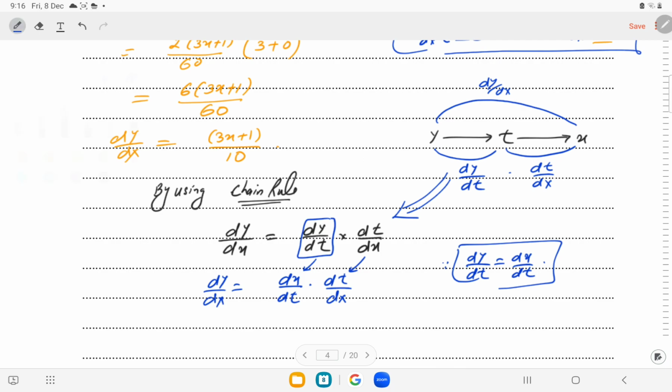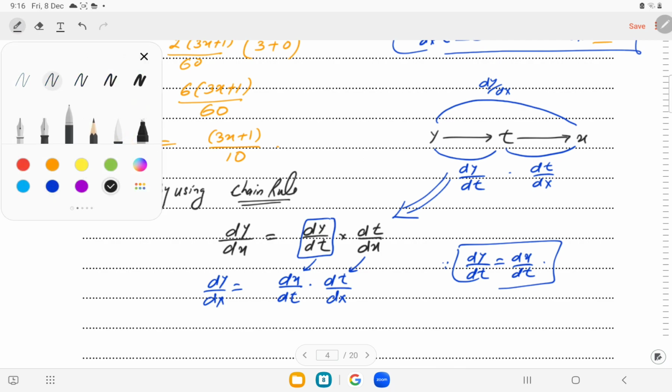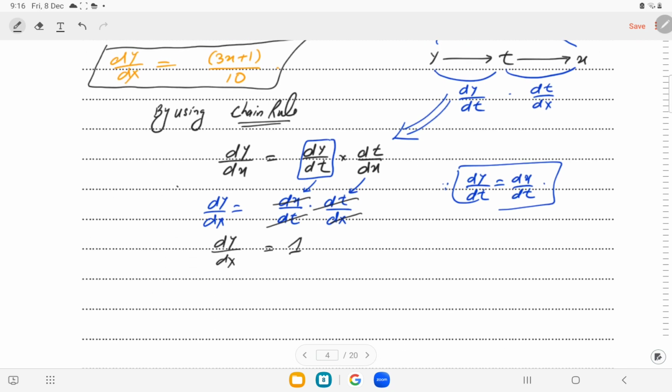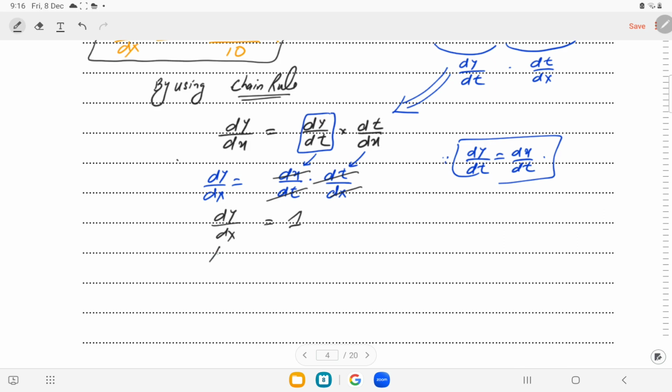So you can see, after applying this chain rule, dx will cancel with dx and dt with dt, and we get 1 equal to dy by dx. Now already we have calculated dy by dx, that was this. The value of dy by dx was (3x plus 1) by 10 equal to 1.